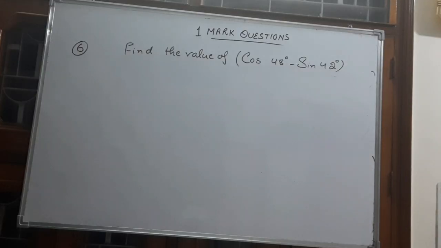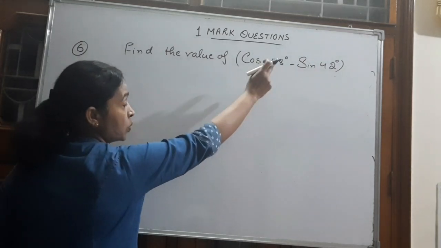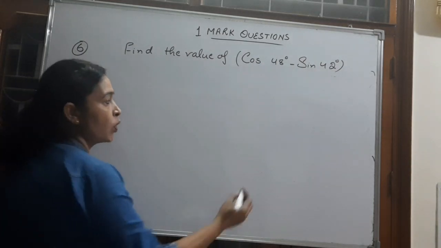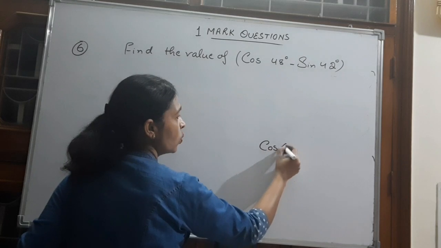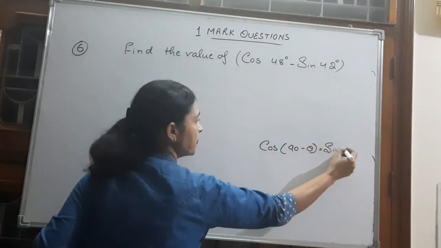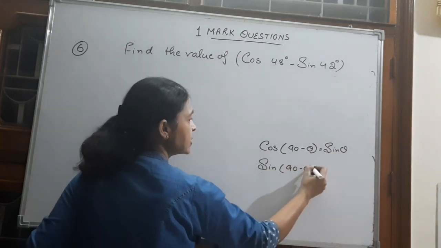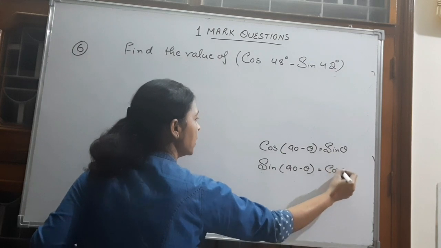Find the value of cos 48 degrees minus sin 42 degrees. We don't know the values of 48 degrees or 42 degrees, but we know cos of 90 minus theta is sin theta. In the same way, sin of 90 minus theta is cos theta.